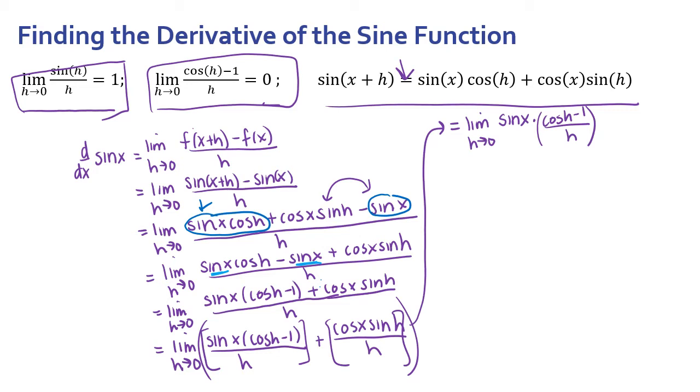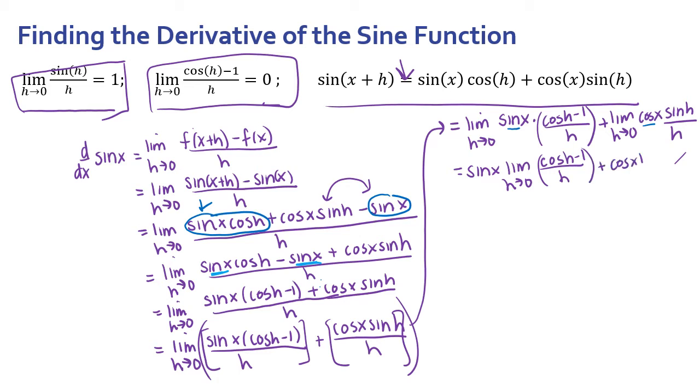I'm also going to distribute this limit through, so plus the limit as h approaches 0 of the cosine of x times the sine of h over h. Because those just have the x's in there, I can pull them in front of the limit. I'm looking at what happens as h approaches 0, so the cosine of x always stays as cosine of x, since it doesn't involve h.